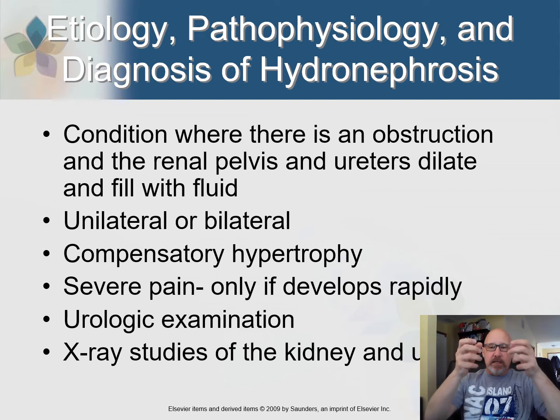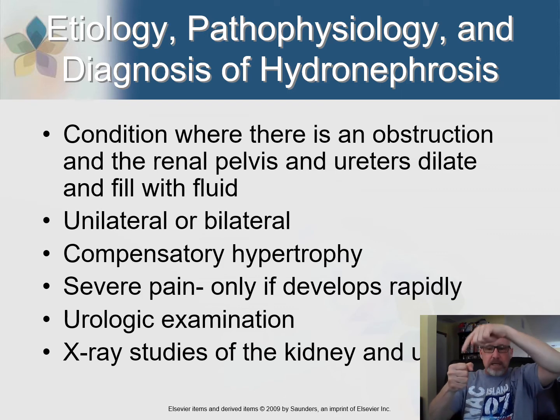You have two kidneys, then the ureters coming down to the bladder, one bladder, and one urethra coming out. Now, say one kidney has a huge stone in it, and that stone breaks loose, drops into the ureter, and blocks it. The kidney's still producing urine. It wants to go down, but it can't.